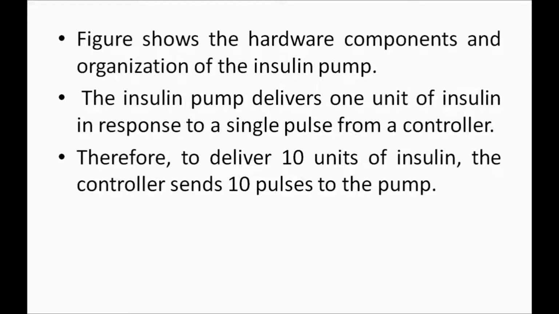So the controller has to send the signal to the pump. If the controller sends a single pulse, the pump will assume it is 1 unit. Therefore, if you want to inject 10 units of insulin, the controller has to send 10 pulses to the pump.